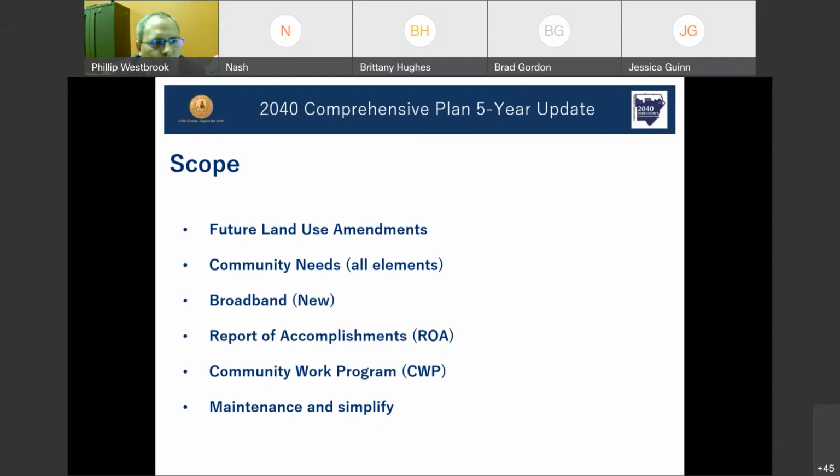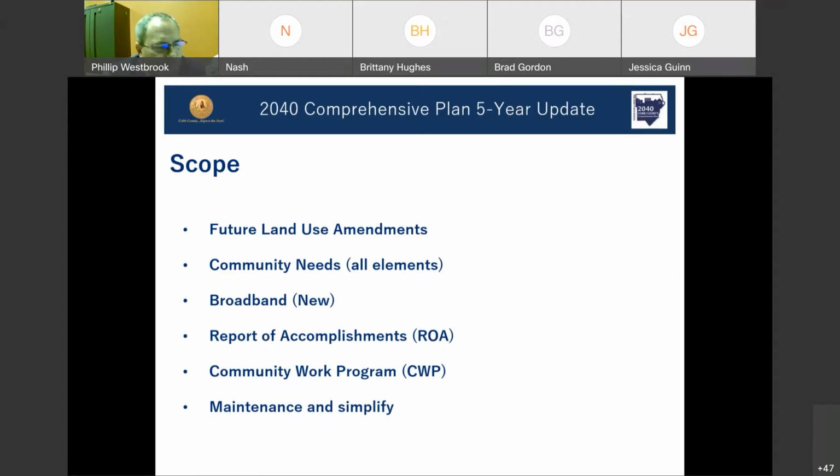update that will focus on gathering feedback related to future land use and any amendments that come out of the community engagement phase of the process as far as future land use. We'll also be looking to get your thoughts on any community needs that are currently in the 2040 plan so that we can determine if those needs are still relevant.